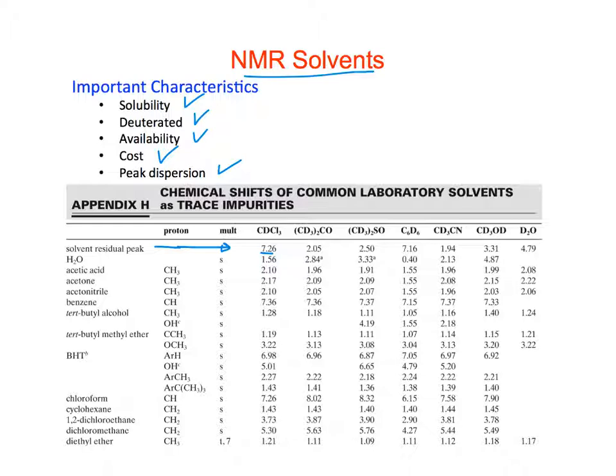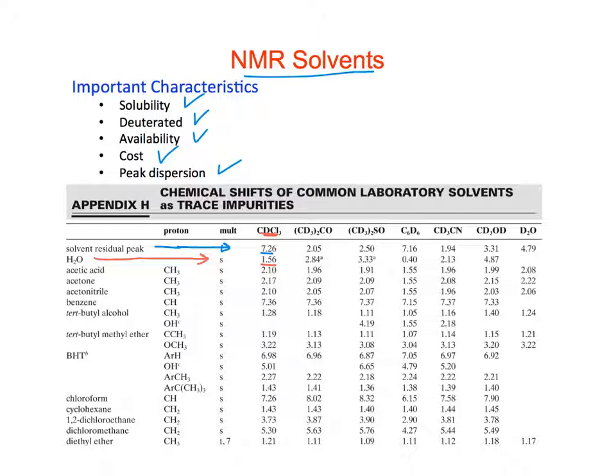Okay. So then over here, the other interesting thing is the water. So this tells us that in deuterated chloroform, the water peak is about 1.56.